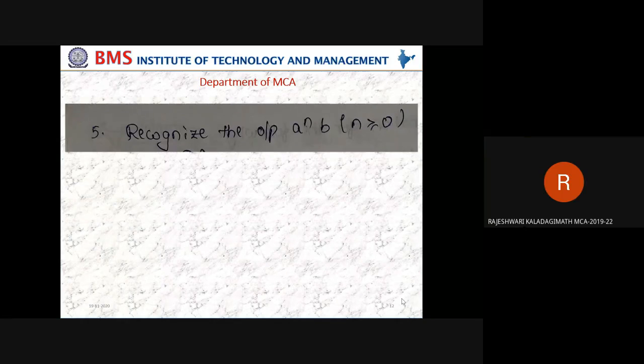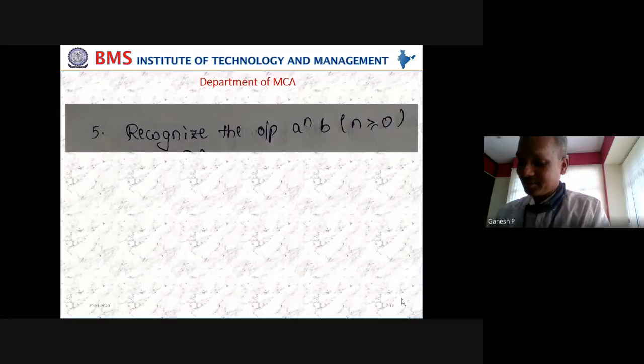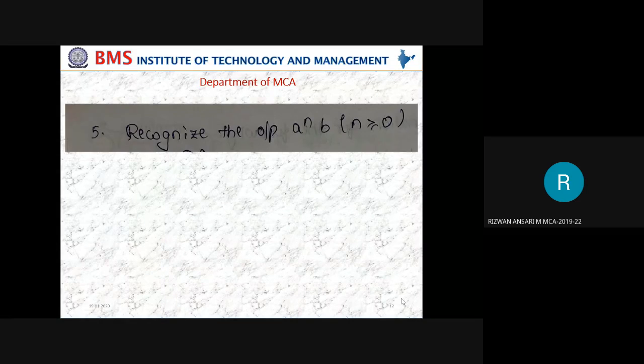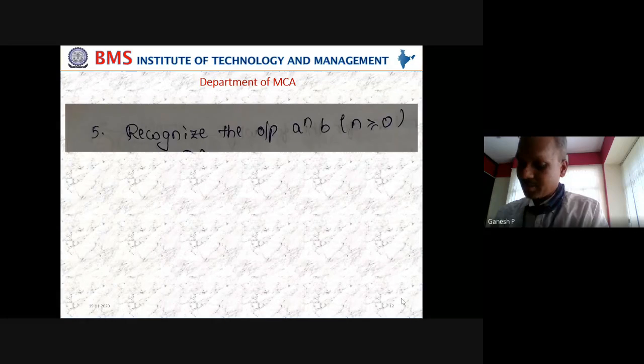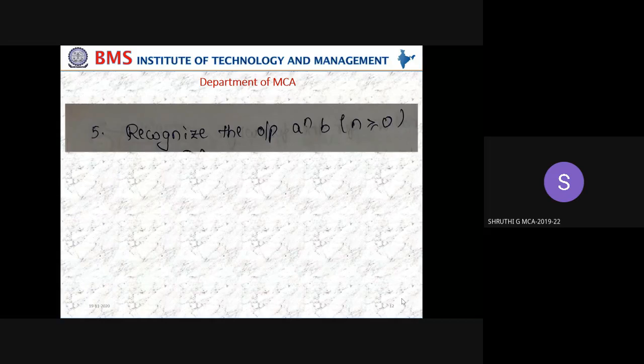Rajeshwari, Present, sir. Rakesh, Present, sir. Ramya, Rashmi, Present, sir. Ravishankar, Rizwan, Present, sir. Vishal, Present, sir. Savita, Shruti, Present, sir.